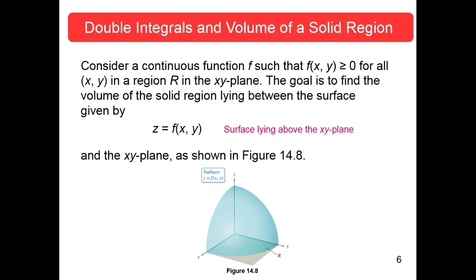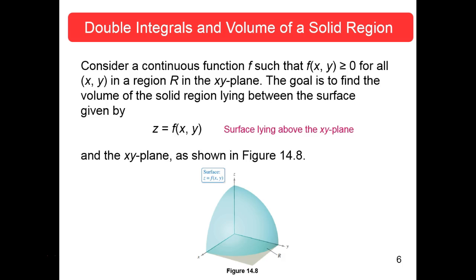It doesn't matter what it is, but f of x, y is always greater than or equal to 0 for all x, y in the region down here, not the region out here, where it would be going below. Whether that's a quarter of a circle or part of an ellipse, in this xy region this thing is always positive, above 0.